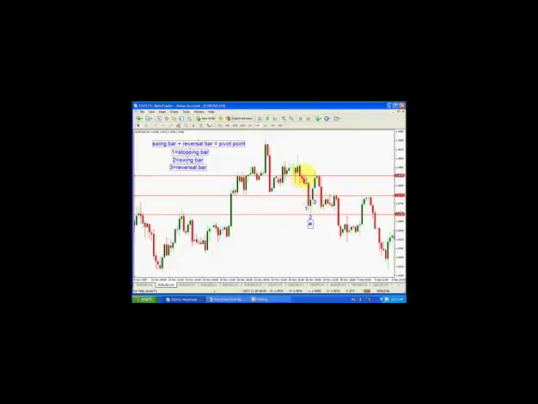The top of this 3rd bar would be a place of minor resistance, and we could expect price to at least pause or stall at this level. We can also see that this level happens to coincide with the low of what we have already identified as the selling bar.